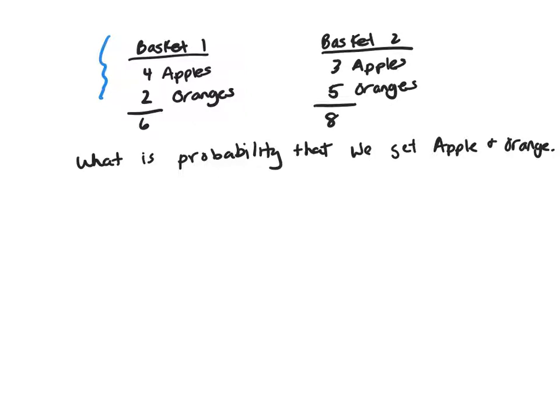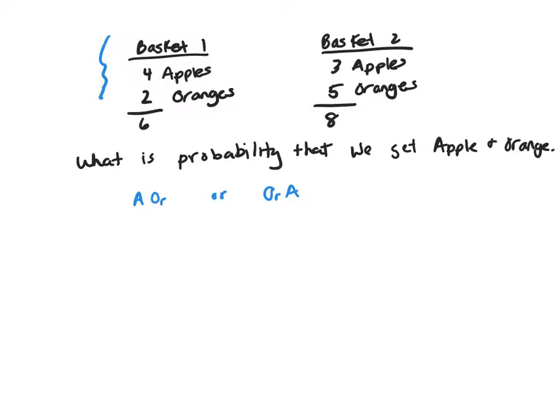So what we could do is we could get an apple from basket 1 and an orange from basket 2. Or we could get an orange from basket 1 and an apple from basket 2.